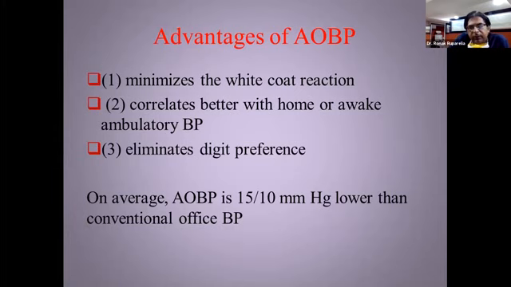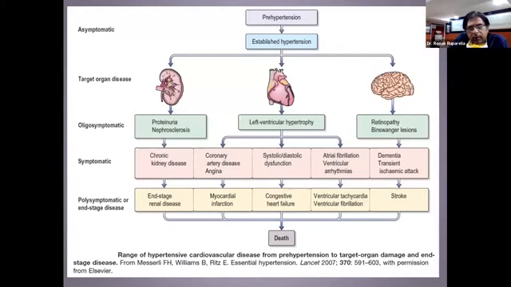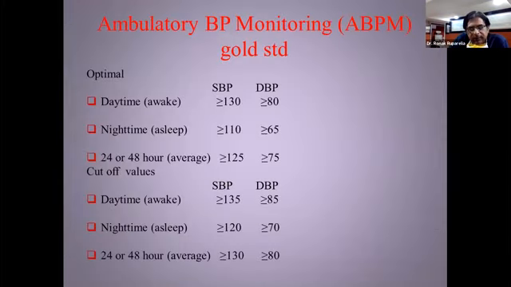Now the advantage of automated office BP monitoring is that it minimizes white coat reaction, it correlates better with home or awake BP, and it eliminates digit preference. Hypertension can have various target organ damage, which includes the kidney, the heart, the brain, and the peripheral vessels.